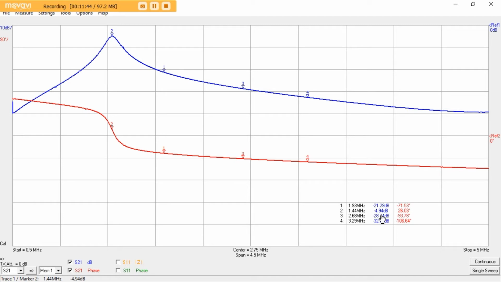So therefore, in the most ideal case, that is when there's no insertion loss, we would expect marker 2 to be around about 0 decibels. If I just were to connect the output of the vector network analyzer to the input, then that would actually be at about 0 dB, a straight line at 0 dB.